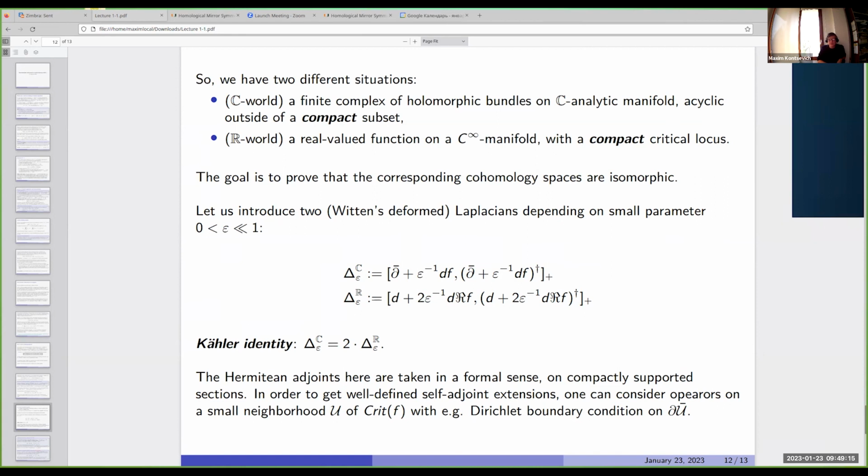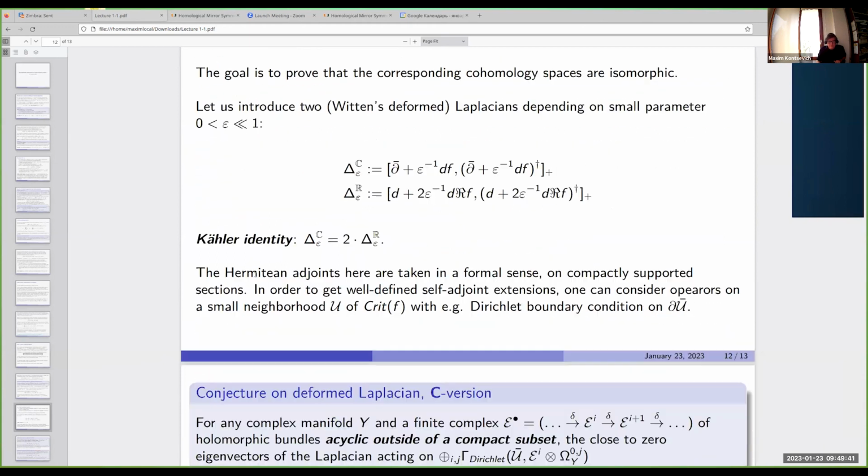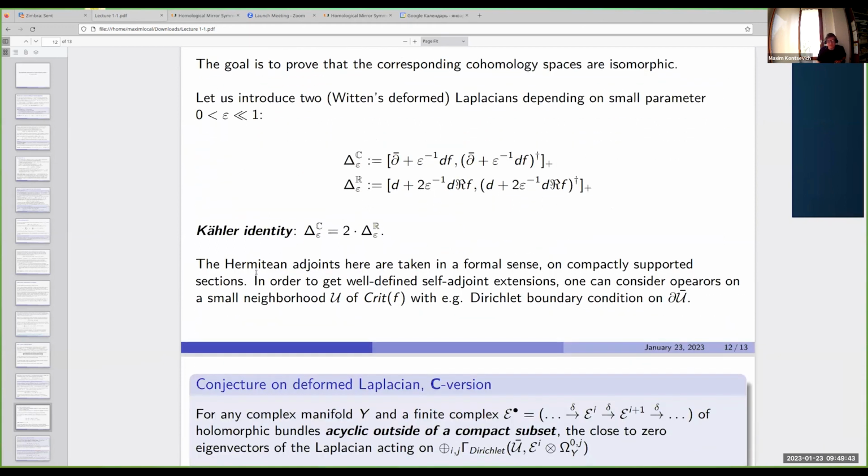I don't know the precise definition, but for example, one can consider operators on a small neighborhood with some smooth boundary and put something like a Dirichlet boundary condition on the boundary, so that we have well-defined self-adjoint operators. Use some kind of reflection with respect to the boundary. One should deal somehow with the boundary condition.